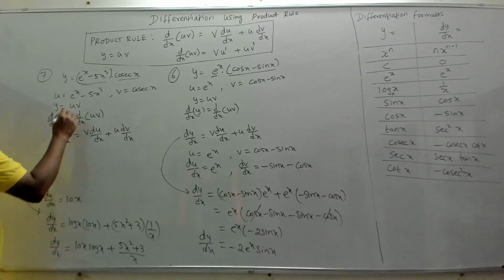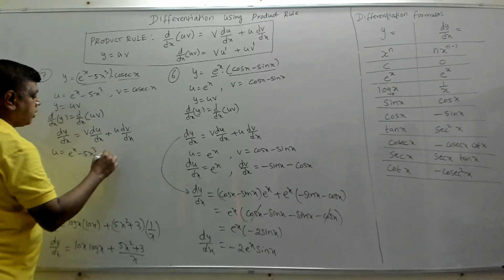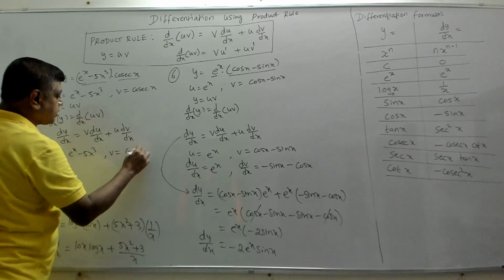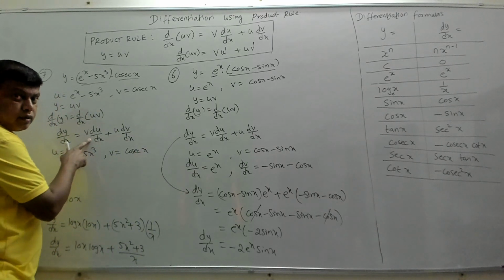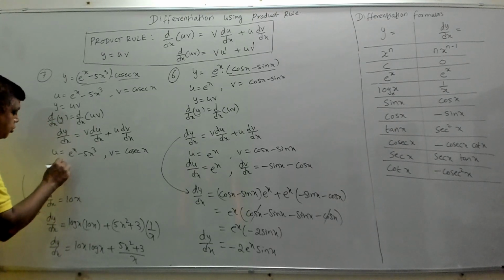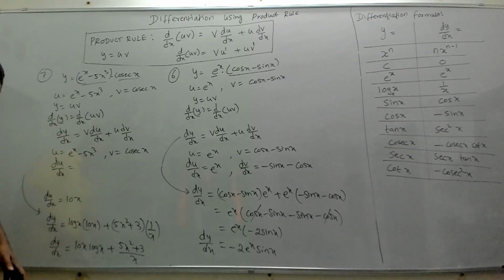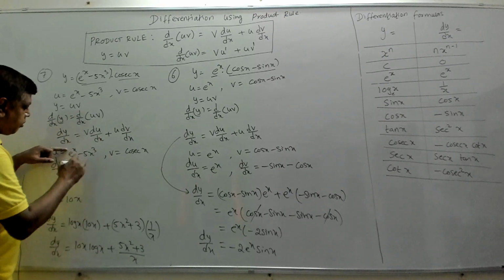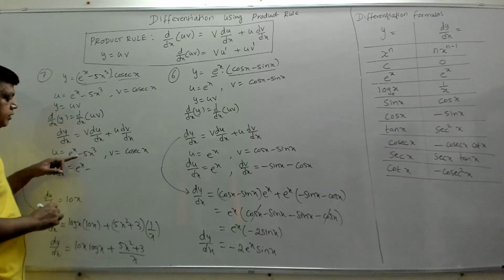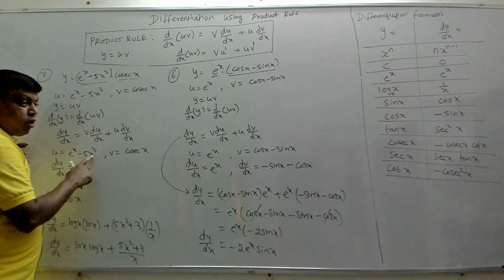What is our u? Let's write u, that is e power x minus 5x cube, and our v is cosecant x. Now what is du by dx? We need to find du by dx. We differentiated u, we got du by dx. Now differentiation of e power x is e power x minus, then 5 is a constant, but constant is coming along with the function x cube.